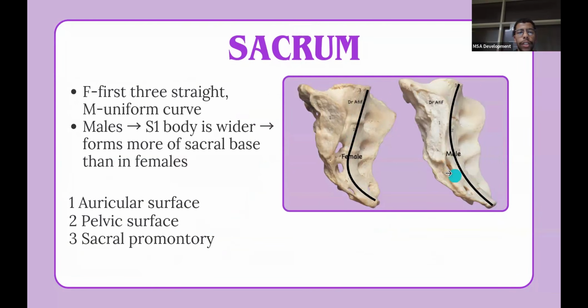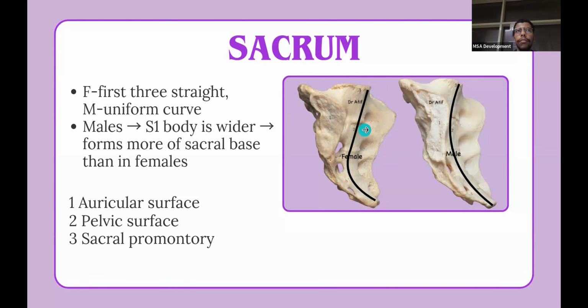Now, to differentiate, in the female, the first three sacral bodies are straight, and then they have a slight curve towards the end. So it's more J-shaped, I guess, or L-shaped, however you guys see it.